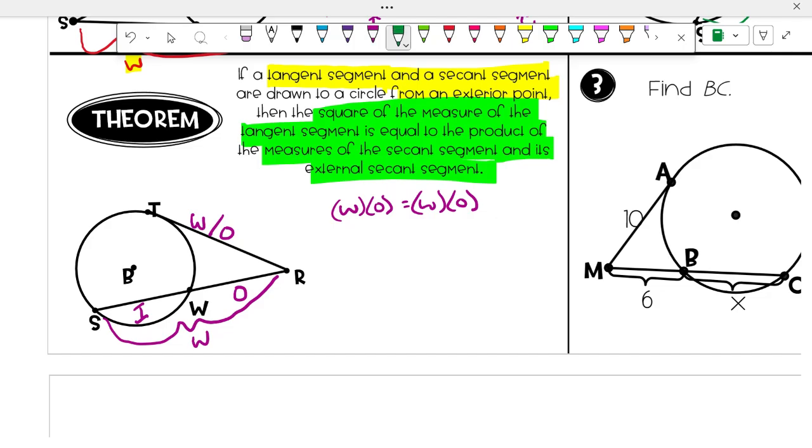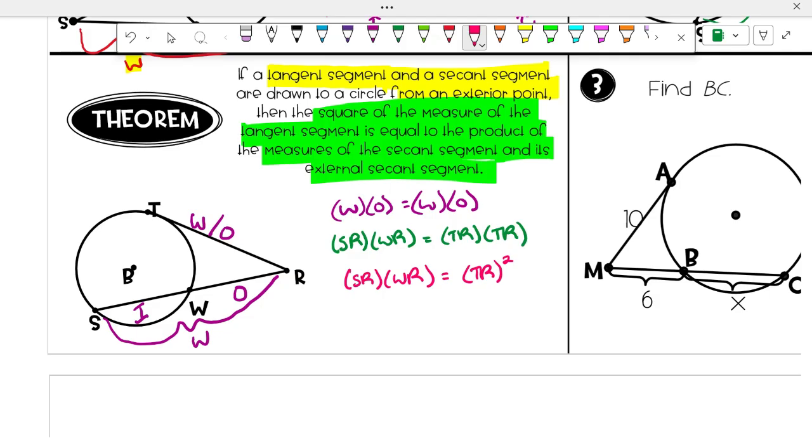So what happens is that if we did SR times WR and set it equal to TR times TR, it's just the same thing as SR times WR and then TR squared.